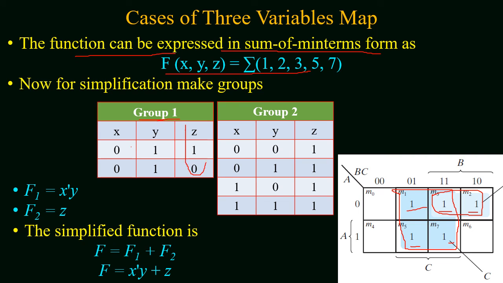Now if we analyze the second group, among all the 4 adjacent squares, the value of variable z is constant and has a value of 1. So the simplified function corresponding to the second group will be f2 equals z. Now the overall simplified function will be the sum of f1 and f2 and will be equal to x prime y plus z.